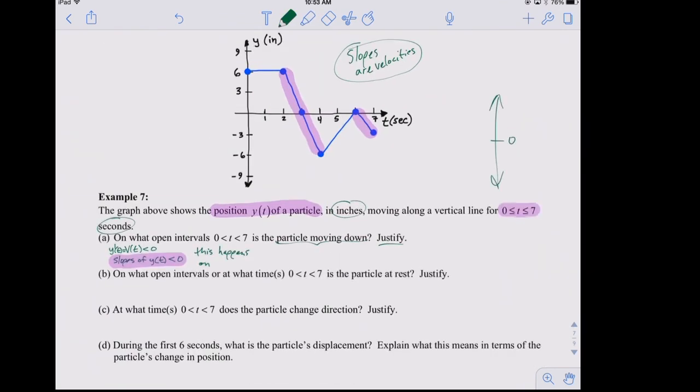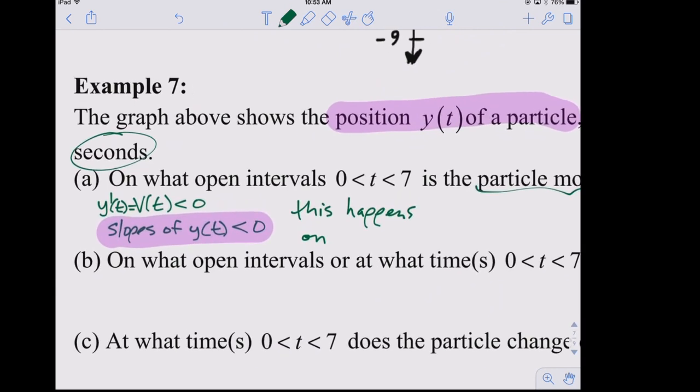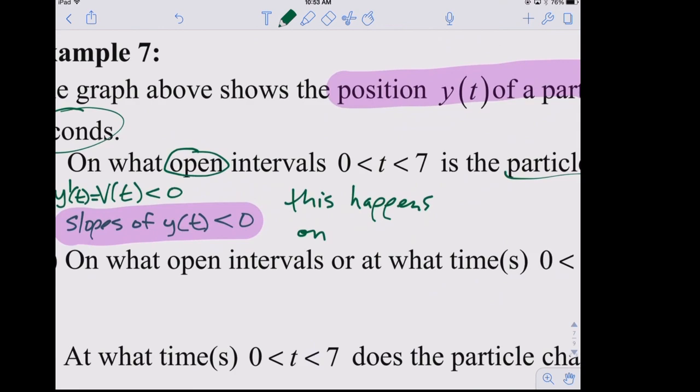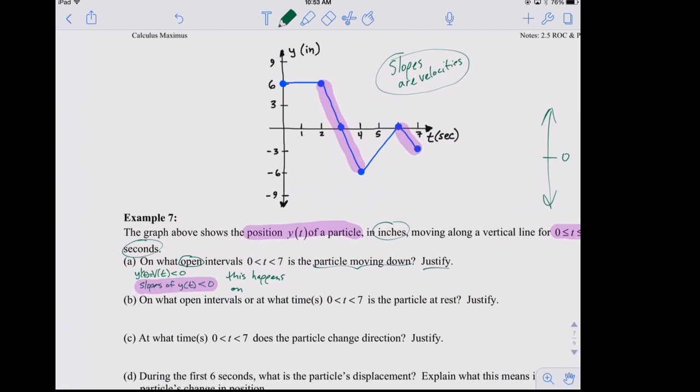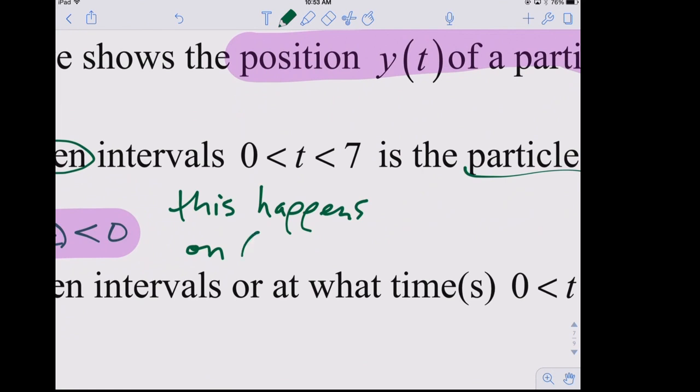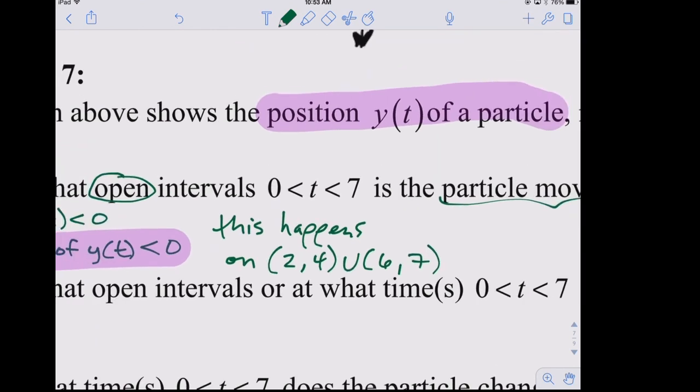Open intervals or closed intervals? It says open intervals, so we're not going to fight over the endpoints. So the slopes are negative on 2 to 4 and 6 to 7. So on 2 to 4 union 6 to 7. And does that have any units on it? Seconds, good.